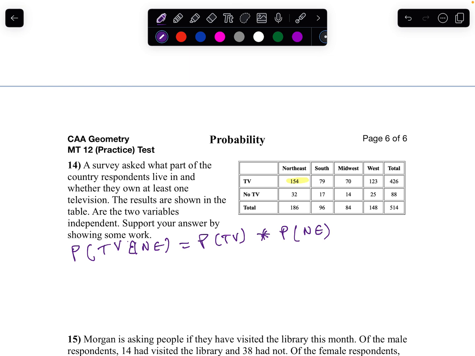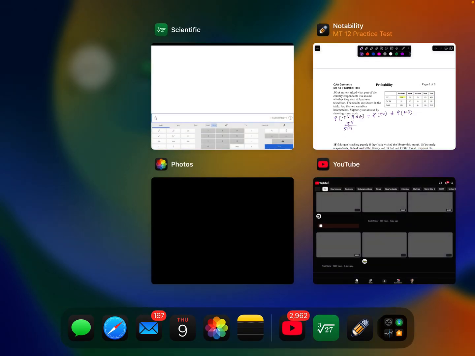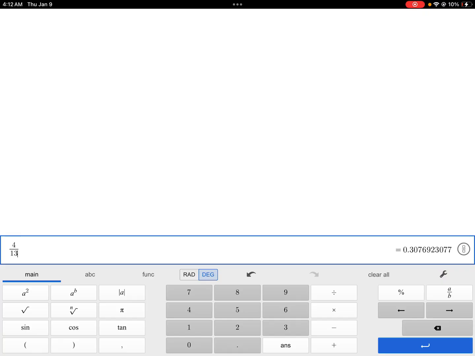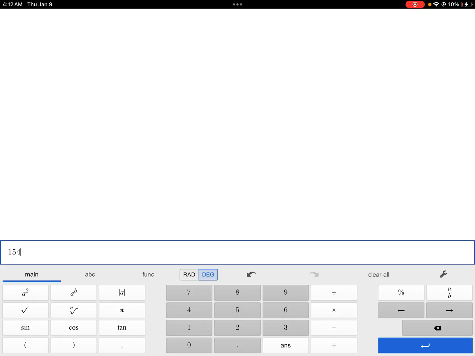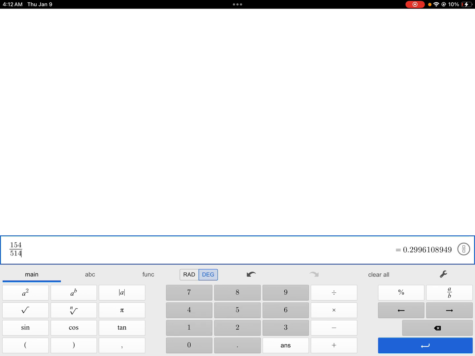Well, the probability of TV and the Northeast, that's 154 out of my total, which is 514. And if I take 154 and I divide by 514, I get about 0.2996.